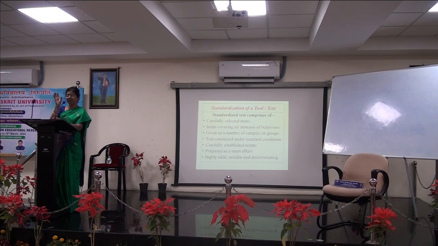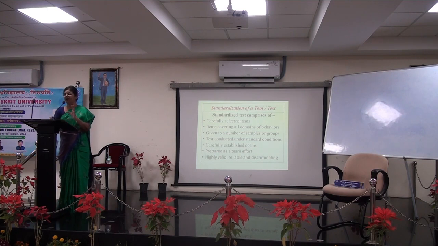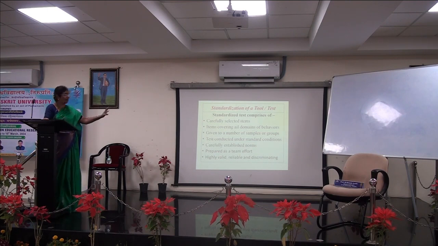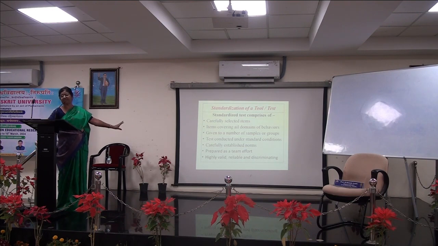In between there is the middle group. The whole sample can be divided into 3 parts: high group, middle group, and low group. And each item should discriminate the high group from the low group. That is called discrimination. Okay? And if all these criteria are fulfilled, then it is called a standardized test.